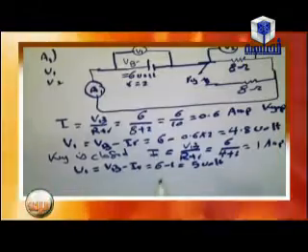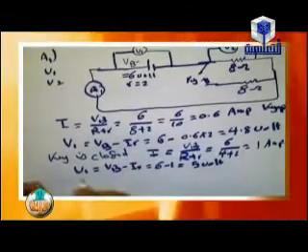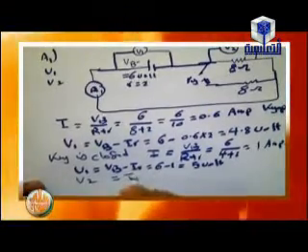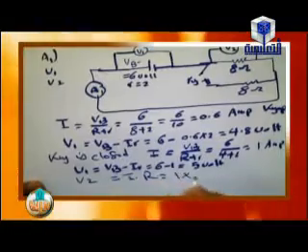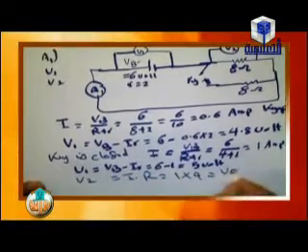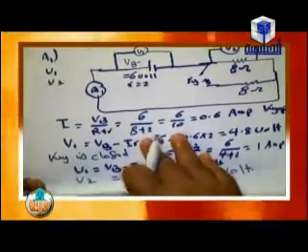And V2 equals IR, equals 1 times 4, equals 4 volt. This is the problem. And we have another problem.